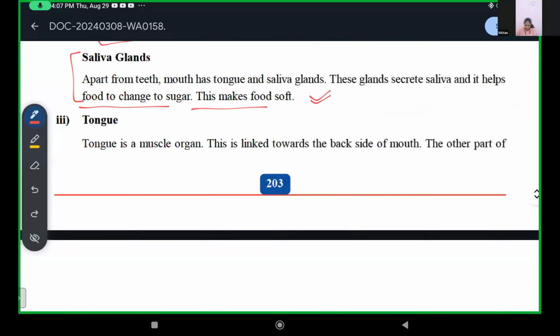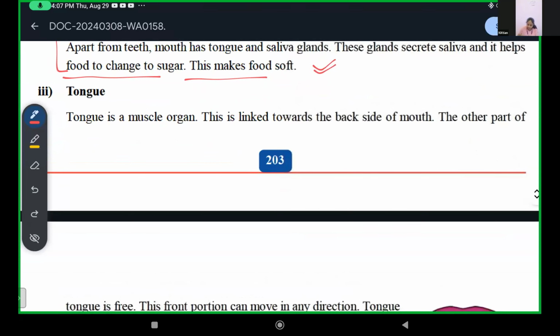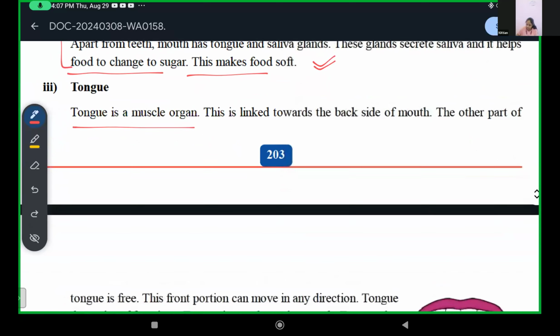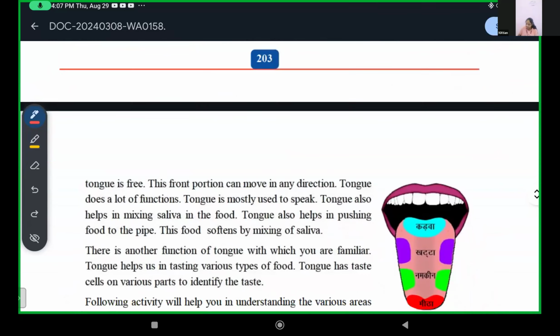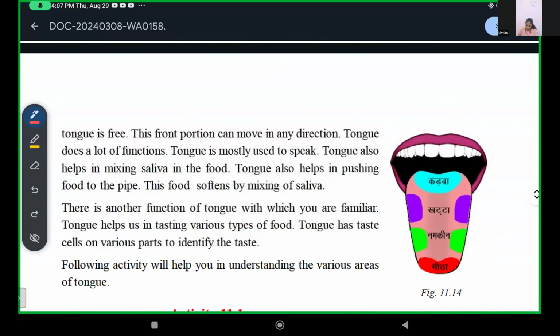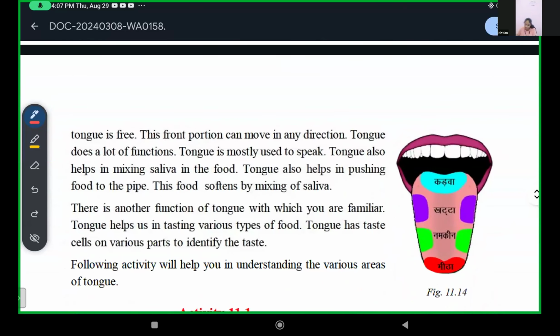Now then we have the tongue. Tongue is made up of muscle. Hope you all know that. It is linked towards the back side of the mouth, and the other part of the tongue is free. The front portion can move in any direction. Tongue does a lot of functions.